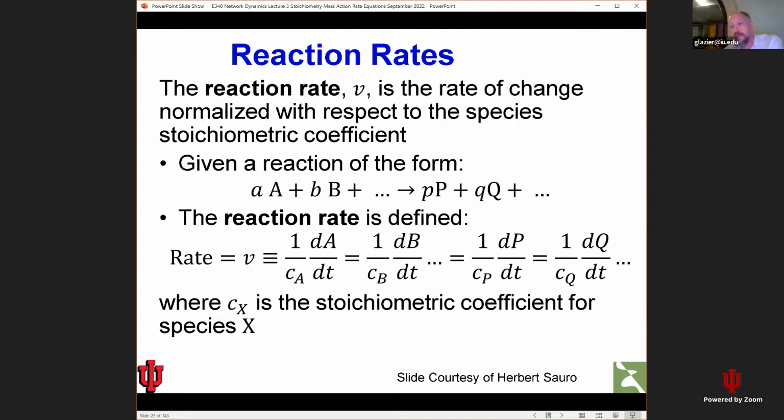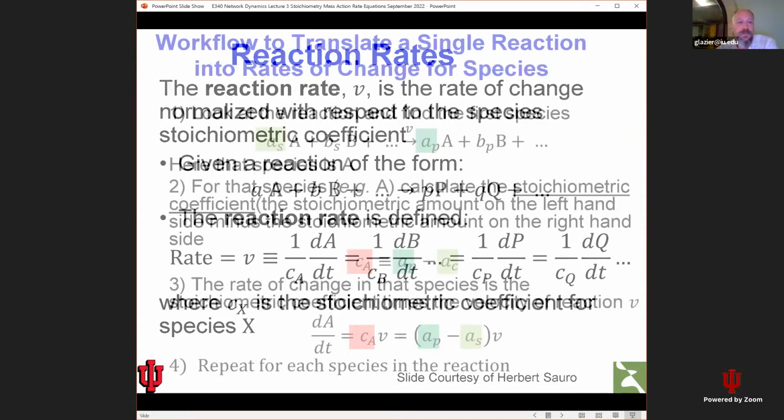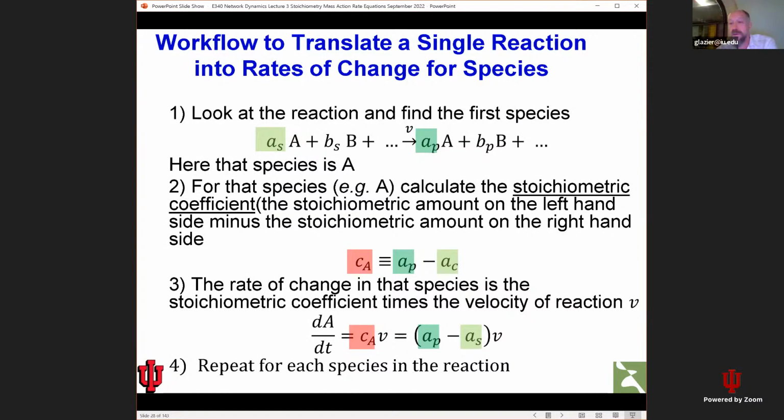If we're doing gene regulatory networks or signaling networks where we don't have stoichiometry, then none of this matters. But if we're actually doing chemical reactions, we have to keep track of it. And so how do you do this? There's a simple workflow for it. We're going to go through our reactions, and let's just find the first species, A. And we look at the number on either side.